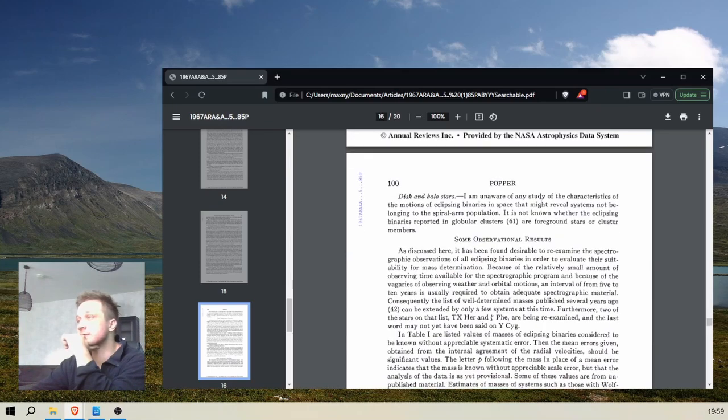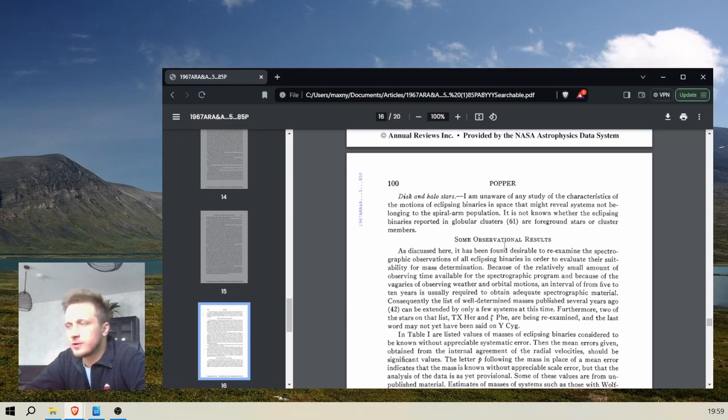Disk and halo stars. I'm unaware of any study of the characteristics of the motions of eclipsing binaries in space that might reveal systems not belonging to the spiral arm population.